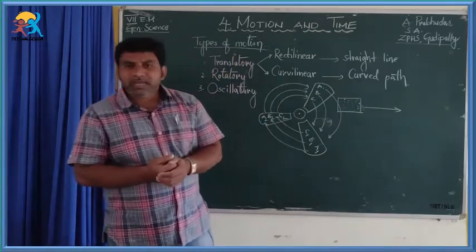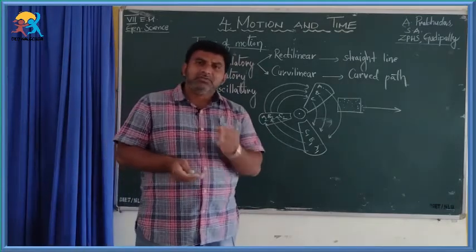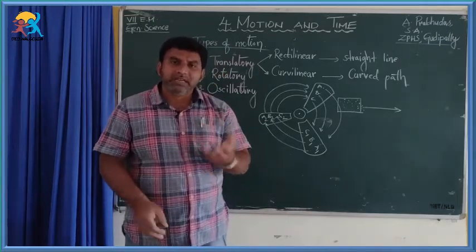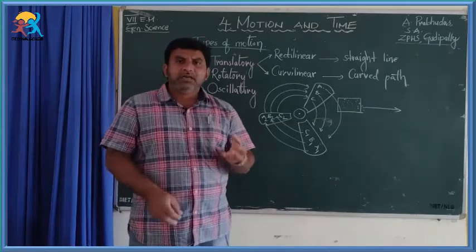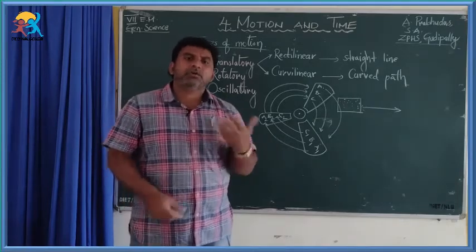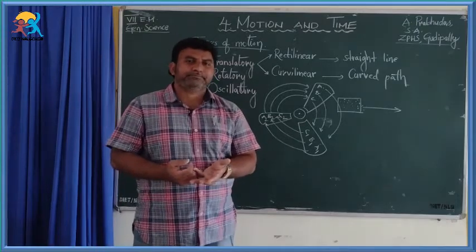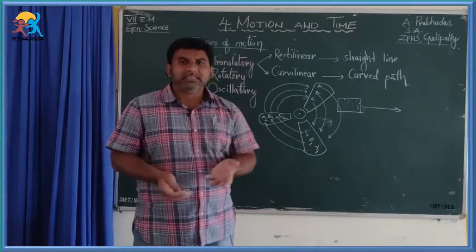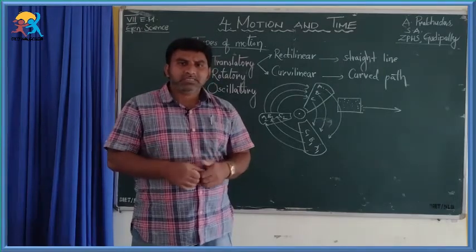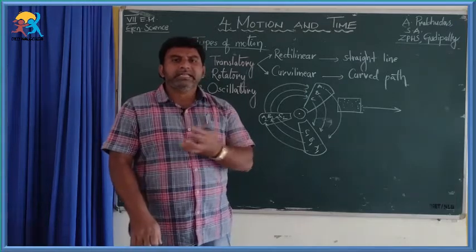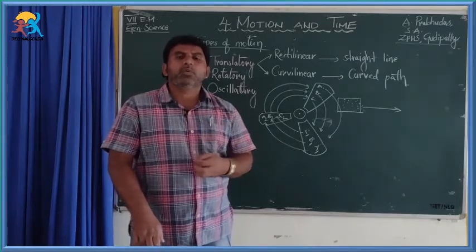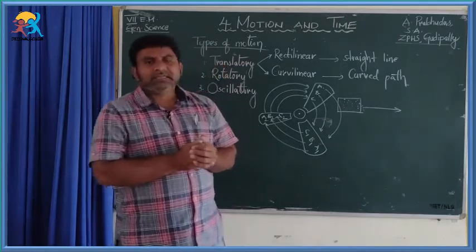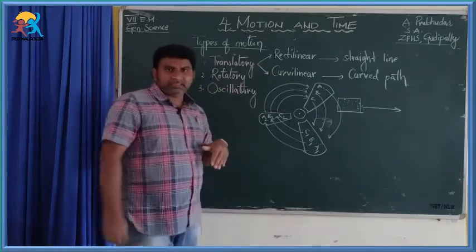So, examples for rotatory motion, I can give you very simple examples. First one is the rotation of the earth, and second one is a rotating ceiling fan or rotating table fan. And all the planets and satellites present in our solar system keep rotating around their own axis. So, such type of motion is called rotatory motion.